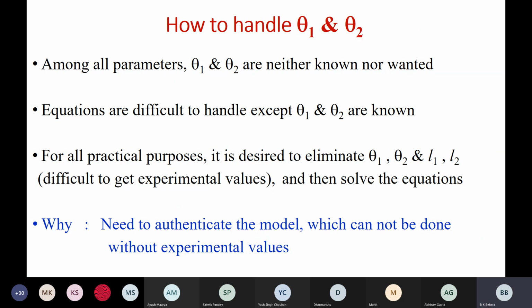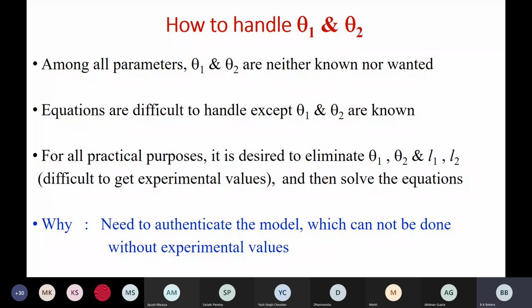In solving these equations, the most important point which I told you last time: theta 1, theta 2, and of course L1, L2. Among all parameters, theta 1, theta 2 are neither known nor wanted. We don't want them actually. To make a fabric, there is no need of any specification of weave angle. Equations are difficult to handle except theta 1, theta 2. As you have seen in all these 7 equations, theta 1, theta 2 is coming from the geometry itself. So for all practical purposes, it is desired to eliminate theta 1, theta 2 and L1, L2.